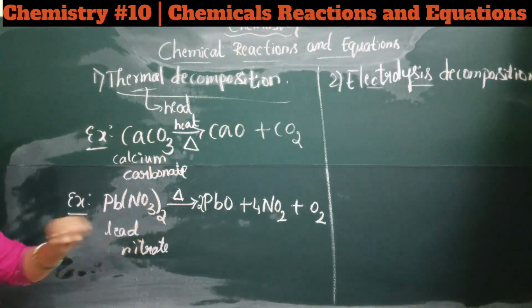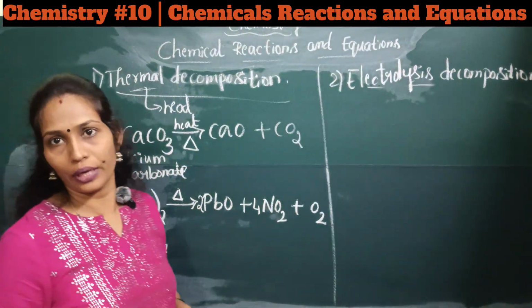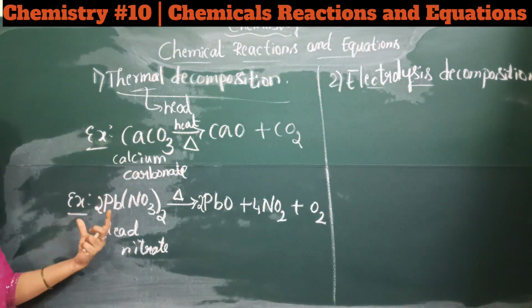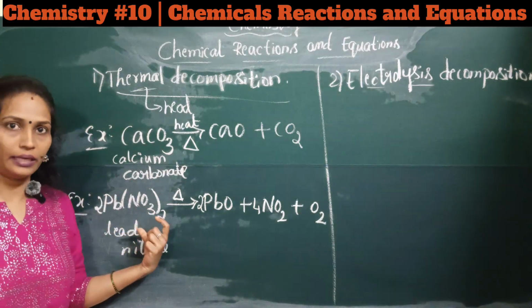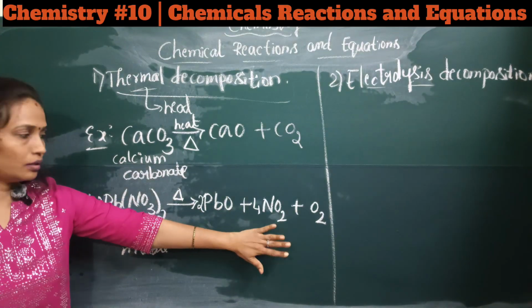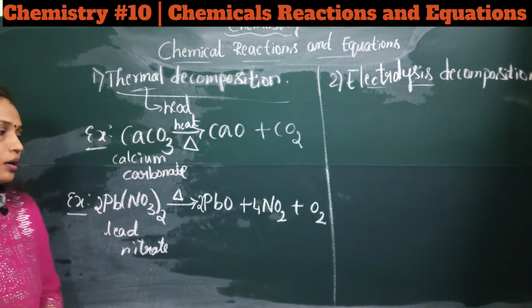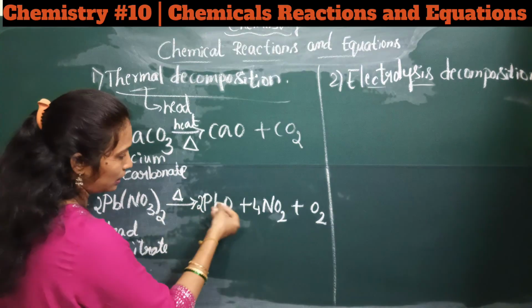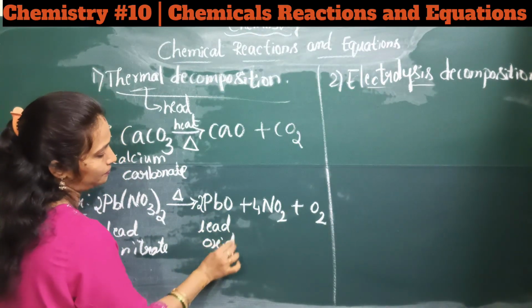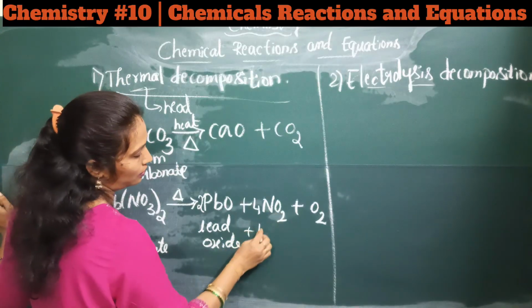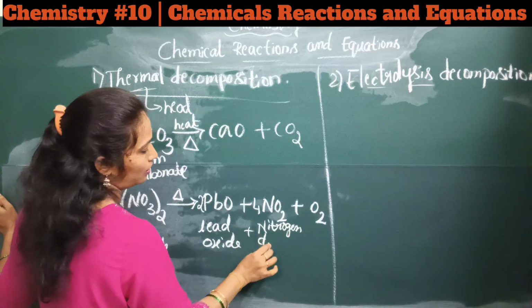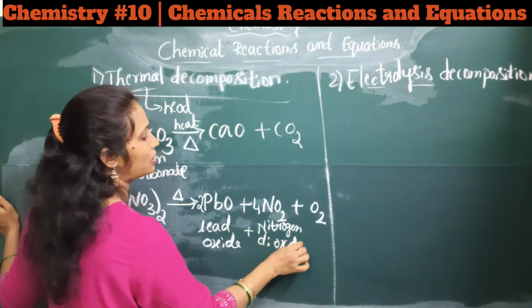Okay, so lead nitrate, it is not balanced, right? Whenever lead nitrate is heated, there is a formation of lead oxide and the oxides of nitrogen, and oxygen gas is also released. That is, lead oxide and nitrogen dioxide, or oxides of nitrogen.